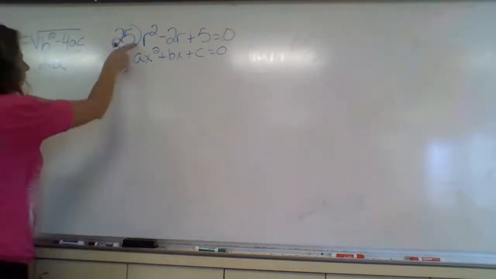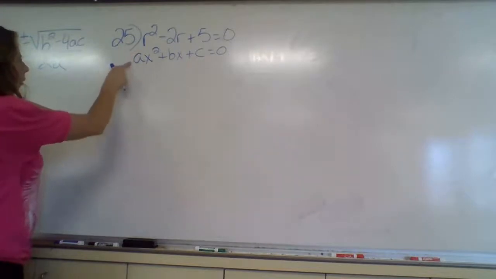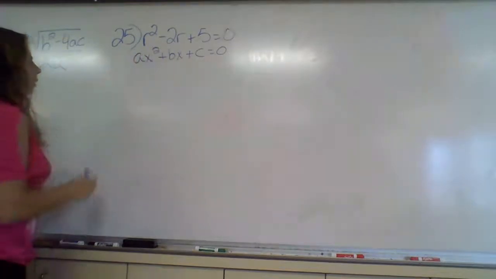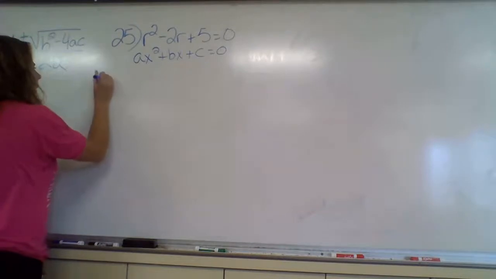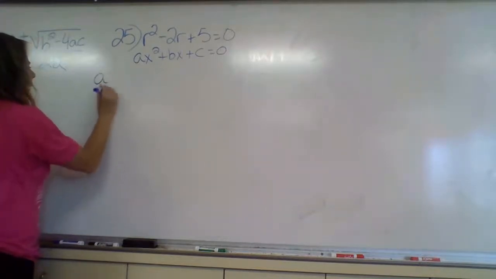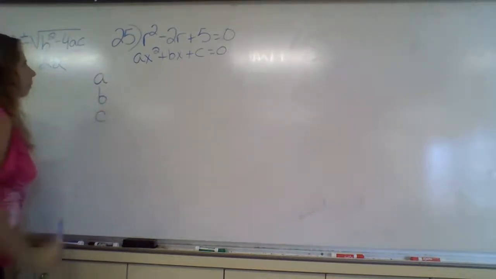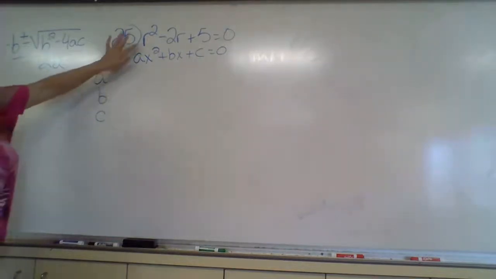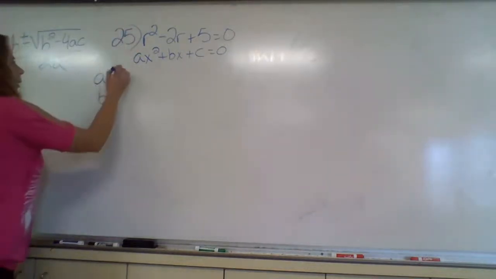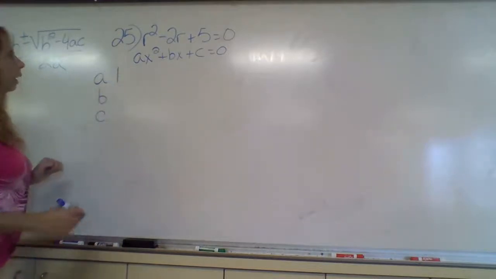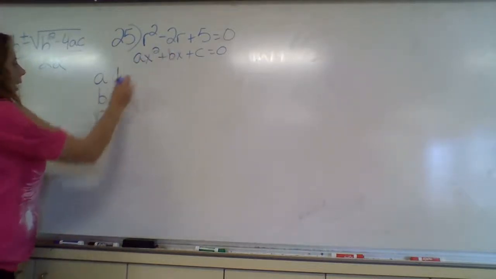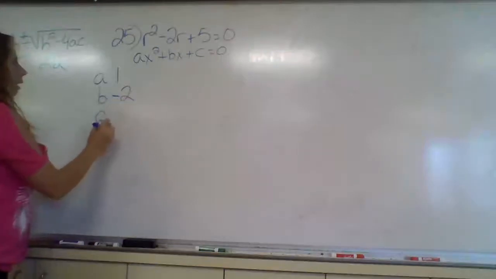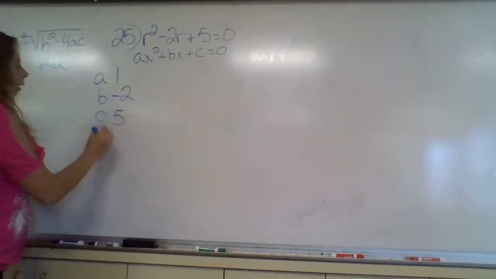So here's our equation in standard form, so you can compare it if you need to figure out what a, b, and c are. a is whatever's in front of the r squared. So there's nothing there, which means there's a 1. a is 1. b is -2. And c is 5. Okay.